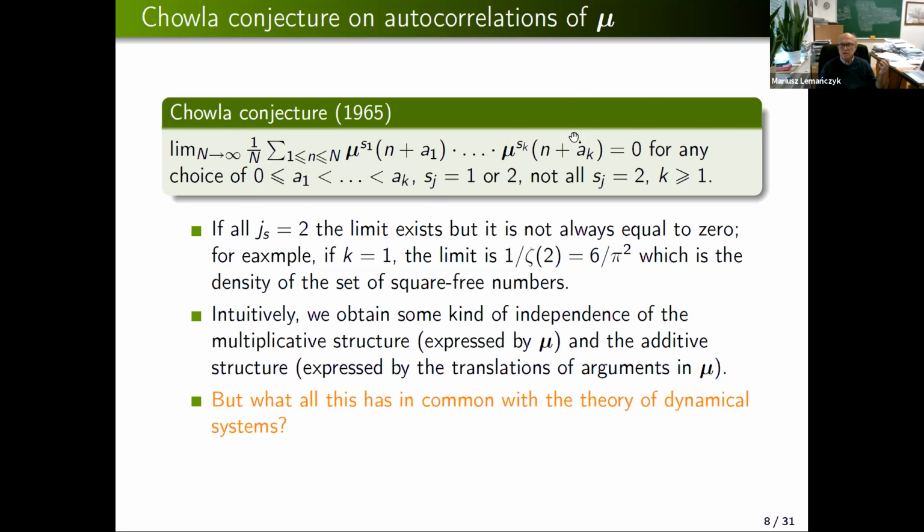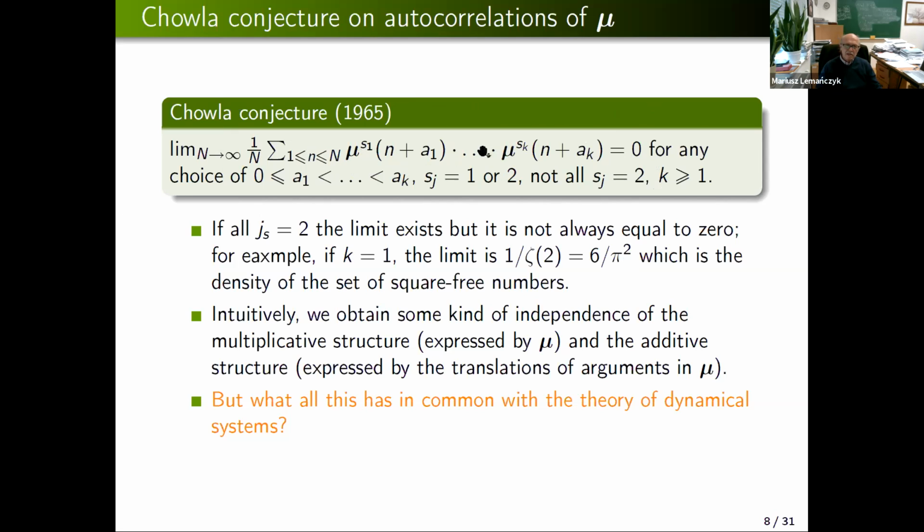And then what I see here is 0. So in fact Chowla's conjecture is trying to capture randomness of the Mobius function, in terms of independence of the additive structure and the multiplicative structure of the natural numbers.